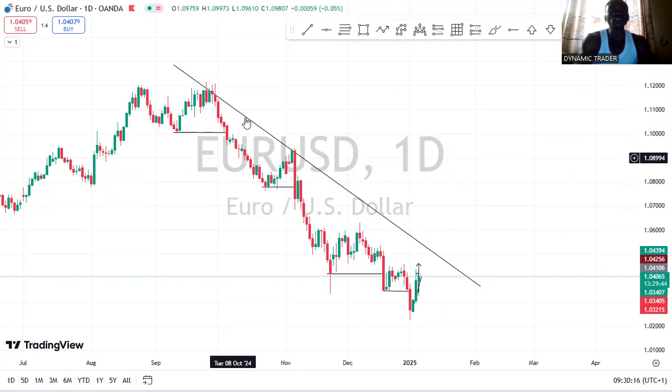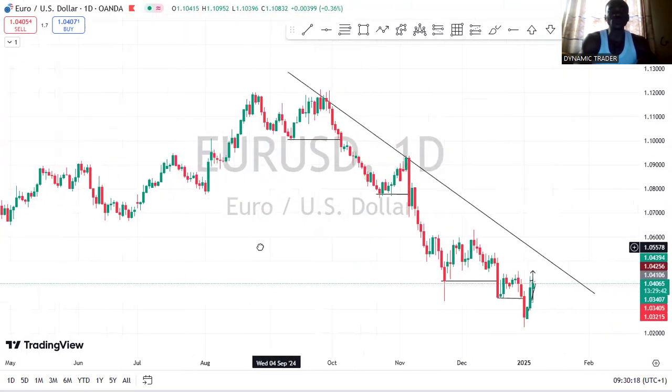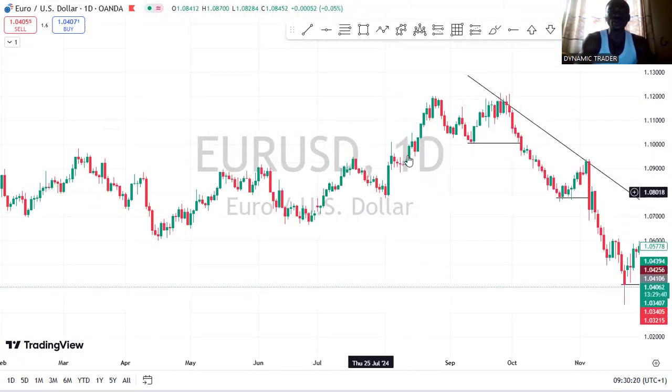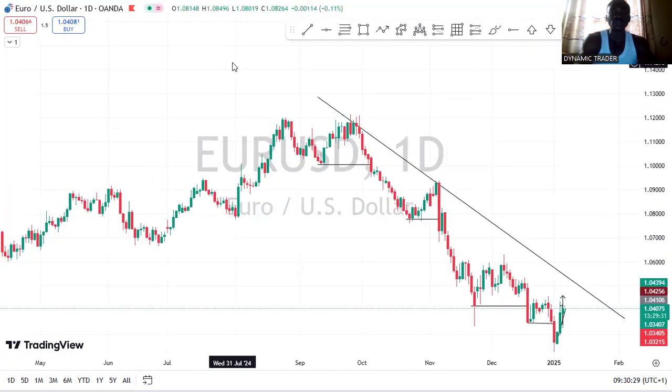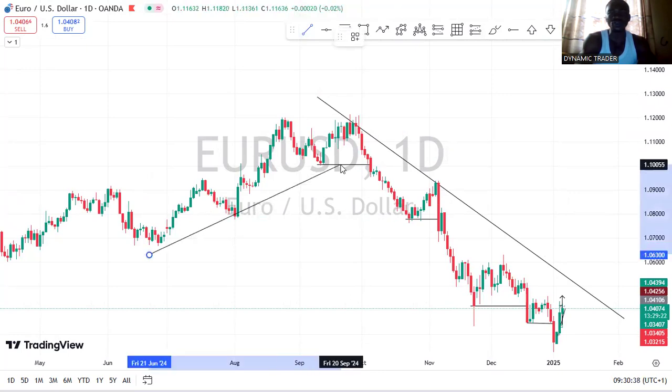It's been trending to the downside all this while, because before now we were going up. For my students, I usually tell them the easiest way to know the trend of the market is by plotting a trend line. So that's why it's called trend.